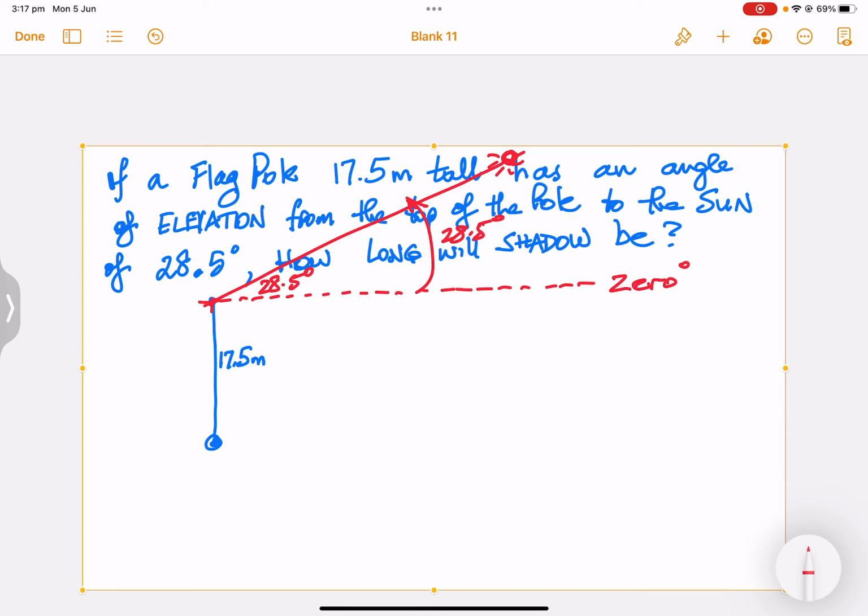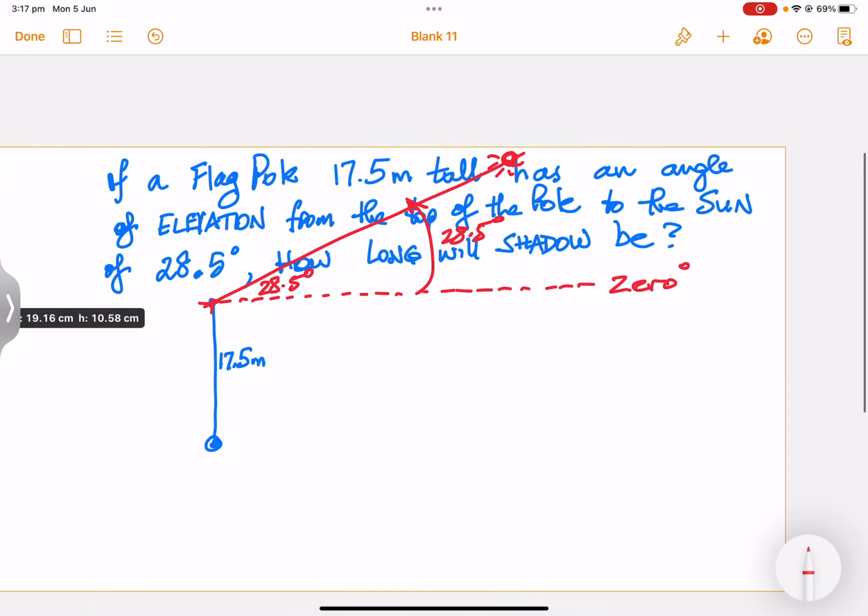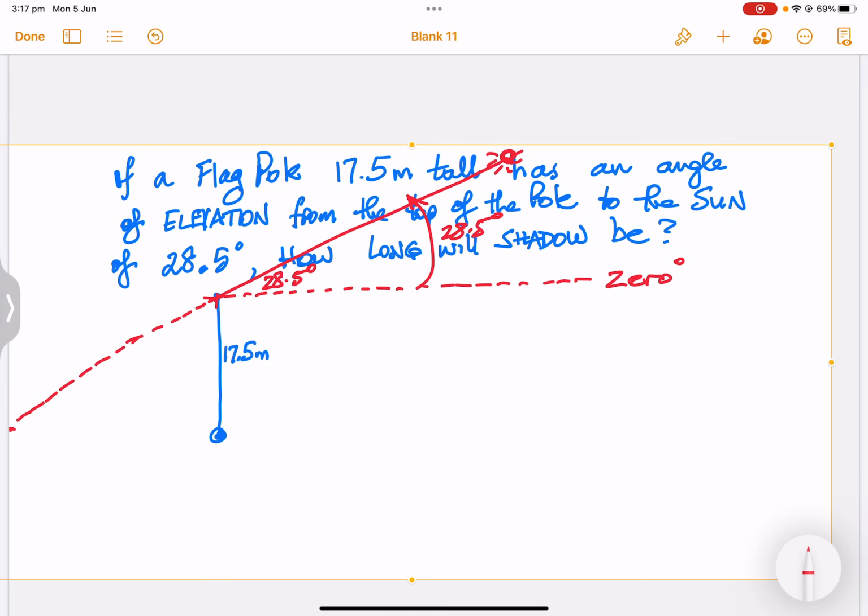the sun up here. Okay, so we don't have enough space to see where the shadow is, but we're going to have a line which is going to go all the way down. I'm going to cheat a bit.